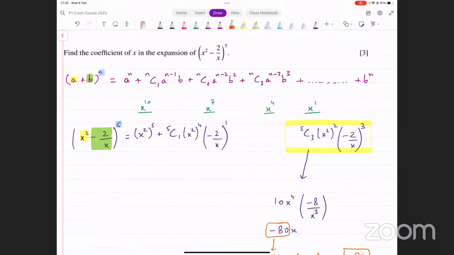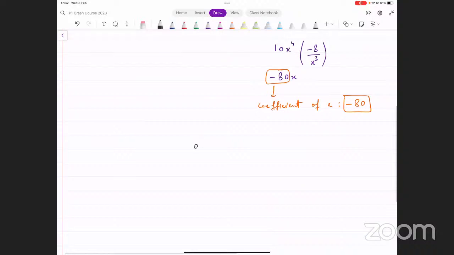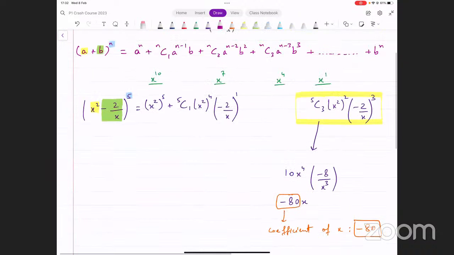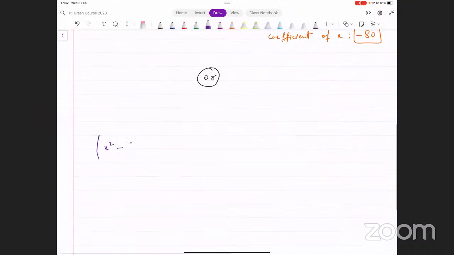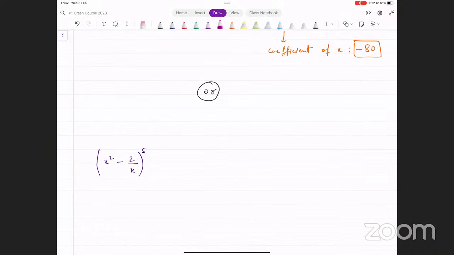Now let's use the other method on the same example as well, and let's see how that works. We've got x squared minus 2 over x, whole raised to power 5. This is what we want to expand. Remember what the general term formula is?